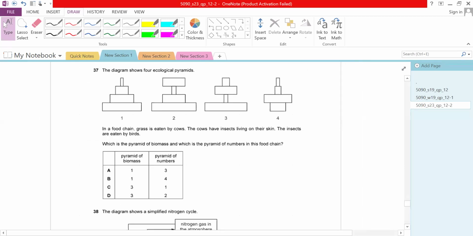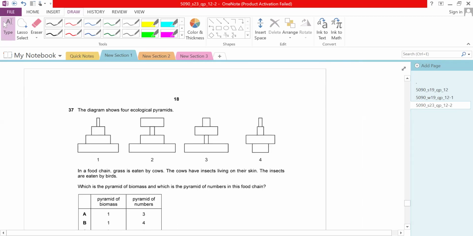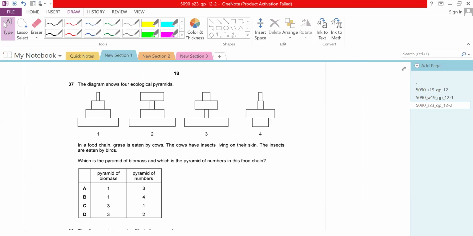Question number 37. The diagram shows four ecological pyramids. In the food chain, grass is eaten by cow. The cows have insects living on their skin. The insects are eaten by birds. We have to work out which is the pyramid of biomass and which is the pyramid of number in the food chain.